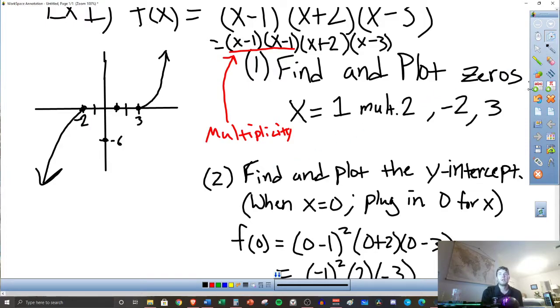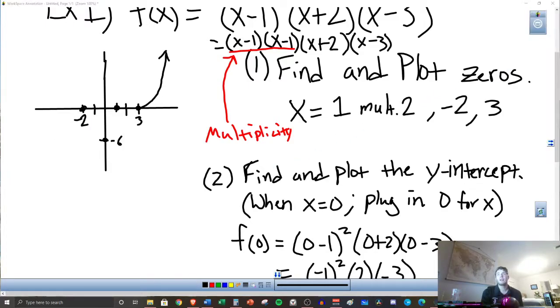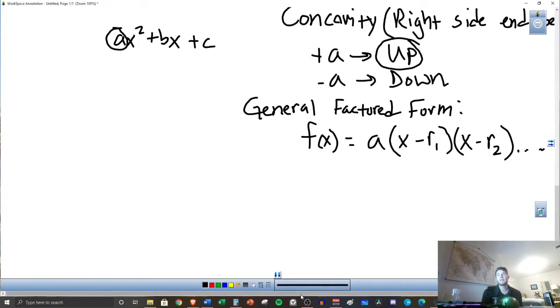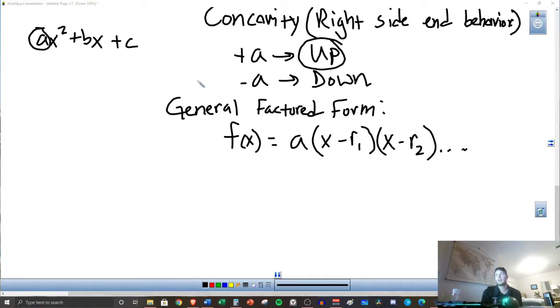Okay? So to determine that, we need to figure out the degree, and specifically whether that degree is even or odd, which is the highest power.